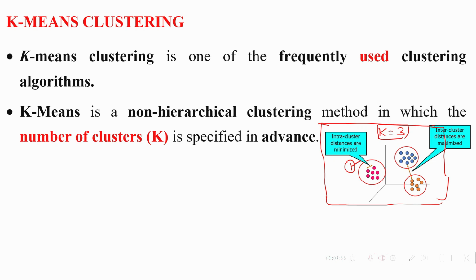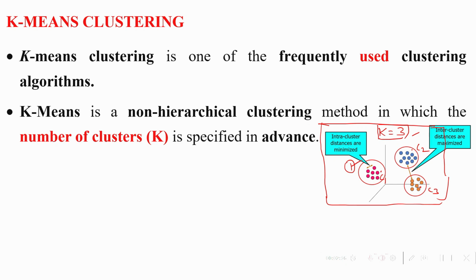Based on this data set, I want to make 3 clusters. For each cluster there must be one centroid, like C1 in cluster 1, centroid 2 and centroid 3. Based on the centroids only, we form the different clusters.